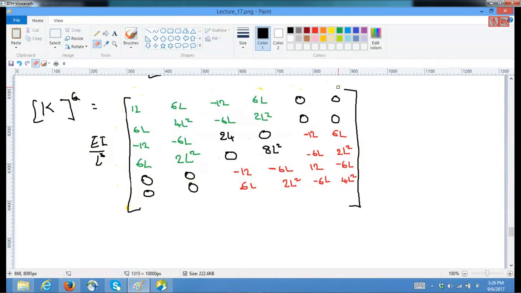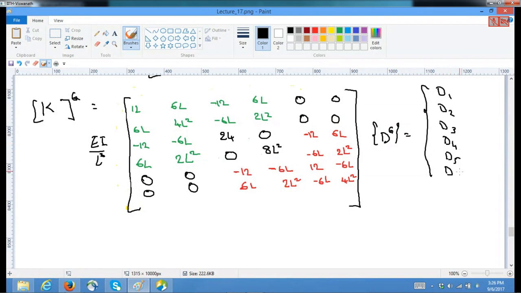This is my K global matrix, and then my D global, which is nothing but D1, D2, D3, D4, D5 and D6.